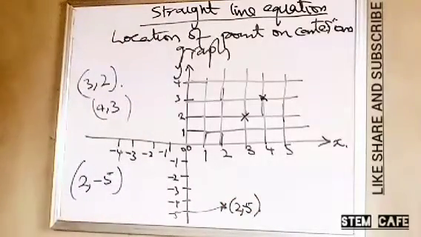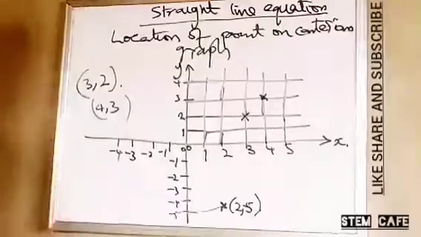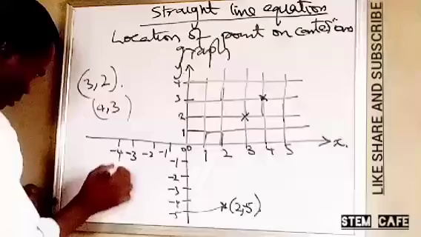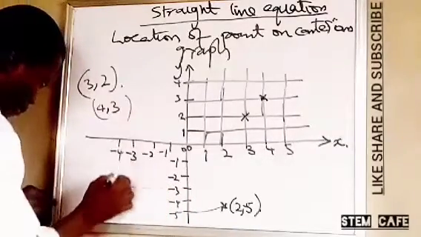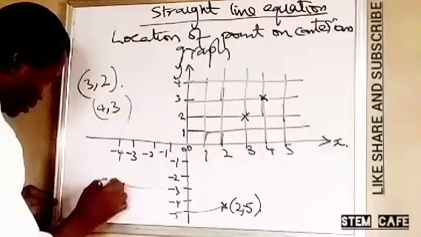Now let's check (-4, -3). I'm going to have this -4 and -3. This is the point, and this is it: (-4, -3).